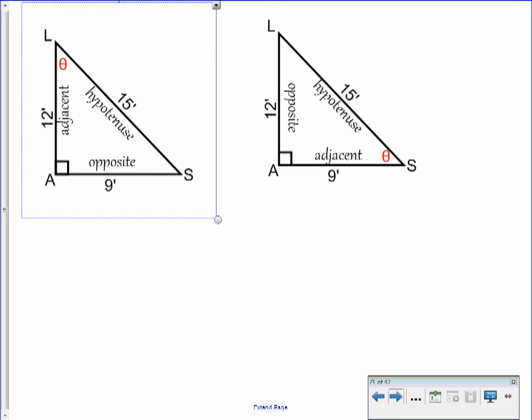The adjacent is now down here. Of course, the hypotenuse is always the hypotenuse, so you don't have to worry about trying to find that. So the trickiest part of doing any of these problems is identifying where your opposite and your adjacent are so that you can actually solve these problems. The hypotenuse is always in the same place. Questions?